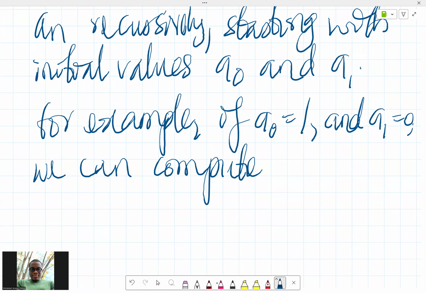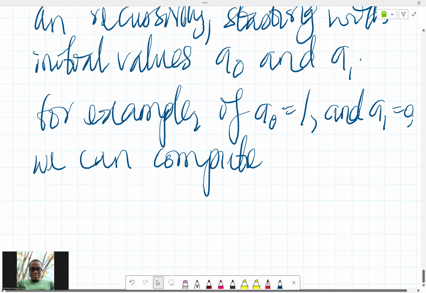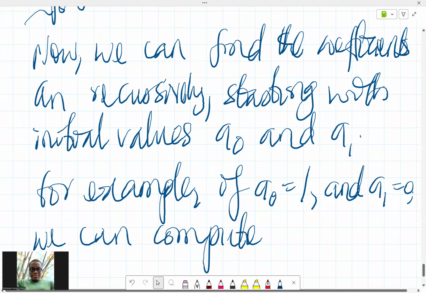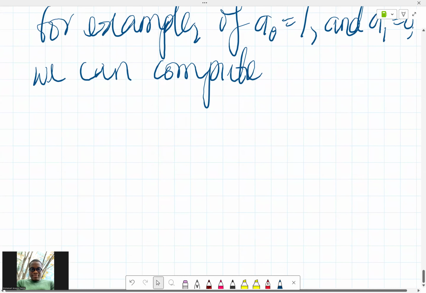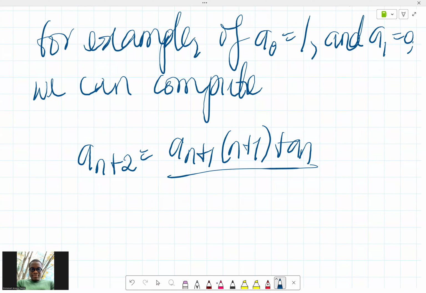We can compute a2 based on this expression. Let me write it out. We know already that a(n+2) equals [a(n+1) into (n+1) plus a(n)] all over (n+1) into (n+2).